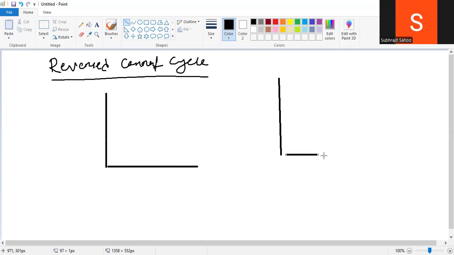And this is S, this is T, V, and P. What is the diagram here? Like this. Like this.